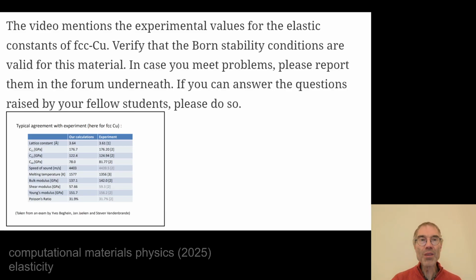And there were some examples given in the course here for FCC copper, where the speed of sound, an estimate for the melting temperature, another way to calculate the bulk modulus, the shear modulus, Young's modulus, Poisson's ratio, how they all are determined by the elastic constants.